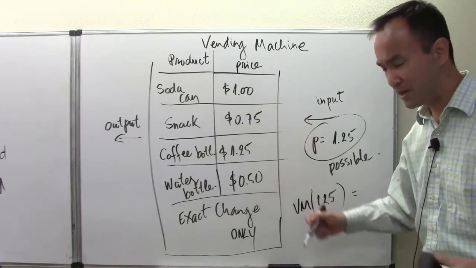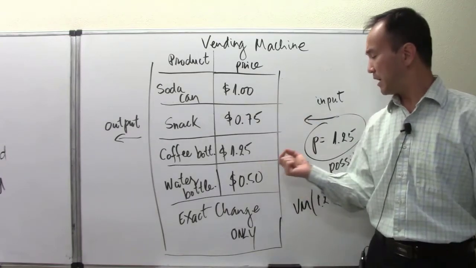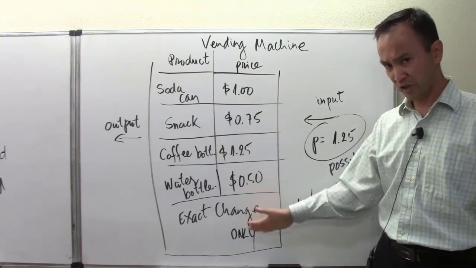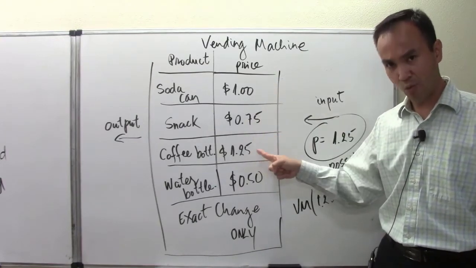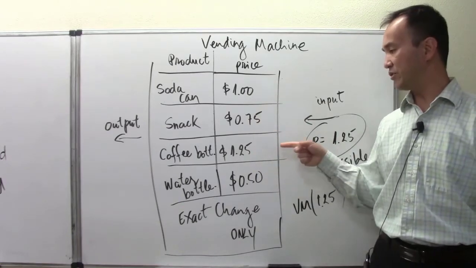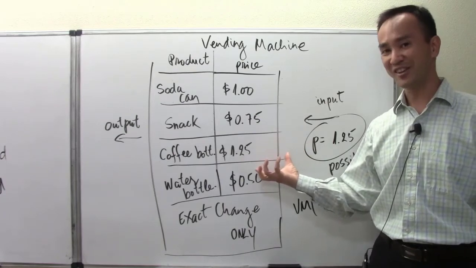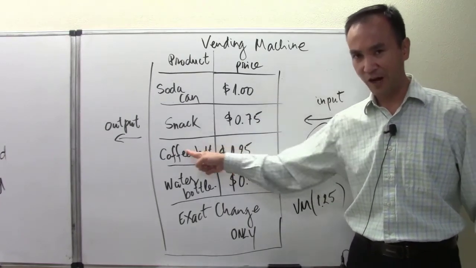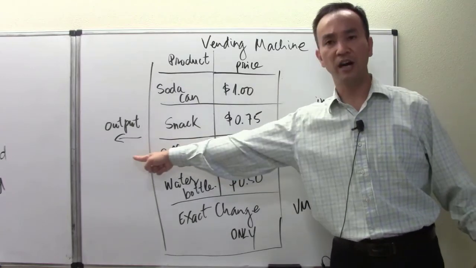Now, what did I mean by P equals 1.25 is possible? Because now the machine will understand what to do when you give it $1.25, since it is exact change, of course. When you give it $1.25, the machine is going to follow its rule and give out a coffee bottle.